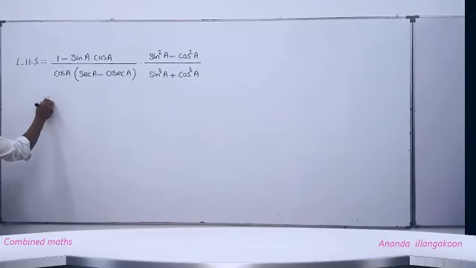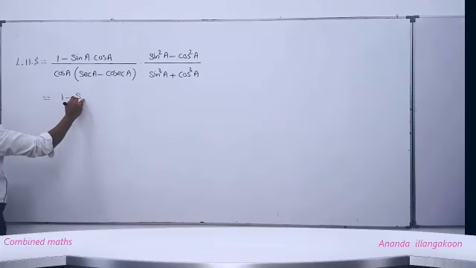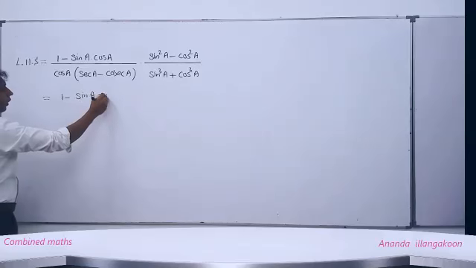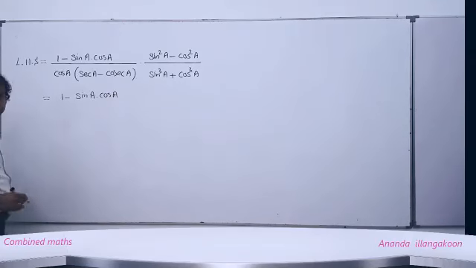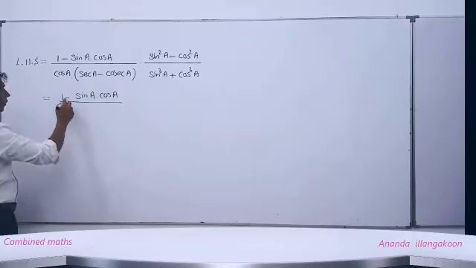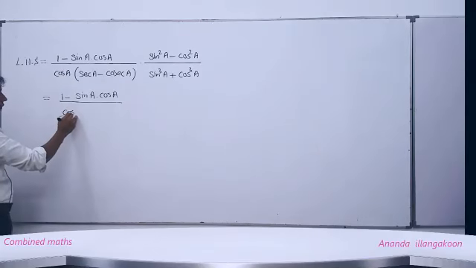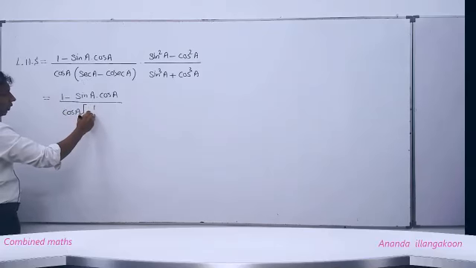Now I write like this: 1 minus sin A times cos A, divided by this cos A, and I write this sec A as, sec A means what, people?